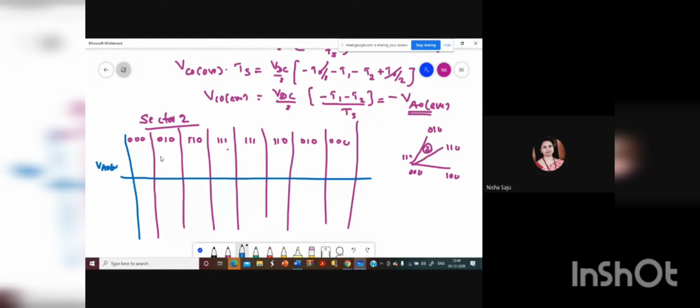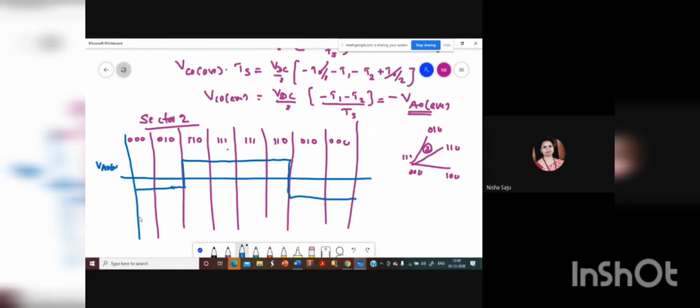Sector 2 means A is here, right? Up to this level you will have the negative, and in sector 2 VA0 is positive only up to this level. So you can take this one and you will get it like this.